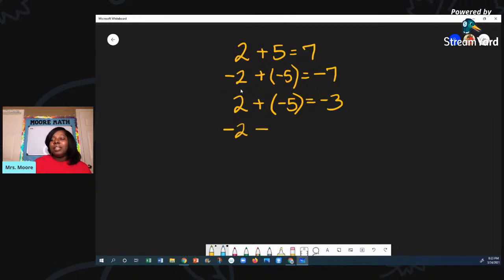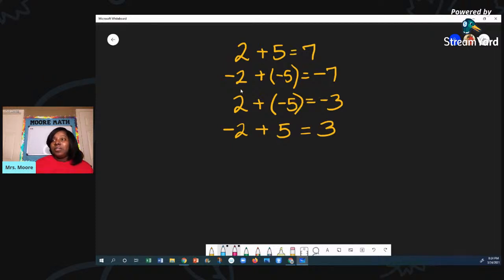Negative 2 plus 5 is positive 3. So what do you notice? When I have 2 positives, my answer is positive. When I have 2 negatives, my answer is negative. But when I have a positive and a negative, sometimes it's negative and sometimes it's positive.